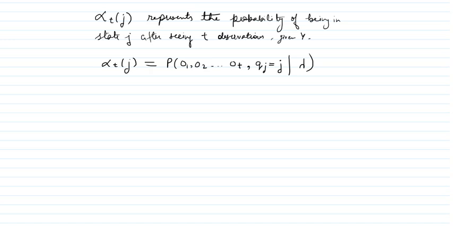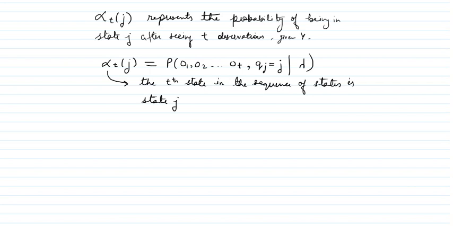So I may again explain this: alpha tj means that the tth state in the sequence of states is state j, right? So that means this tth state corresponds to state j.